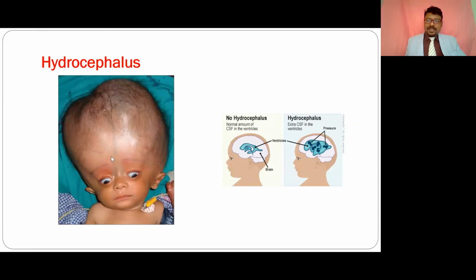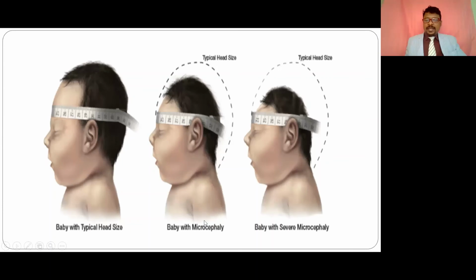Other than hydrocephalus, there are other developmental anomalies such as macrocephaly and microcephaly, where some babies get a big size head or a small size head. Here, this is microcephaly. Micro means small, cephaly means brain, so the brain size and skull size are decreased. Normally the baby's head growth has a concave shape, but here the height is decreased.